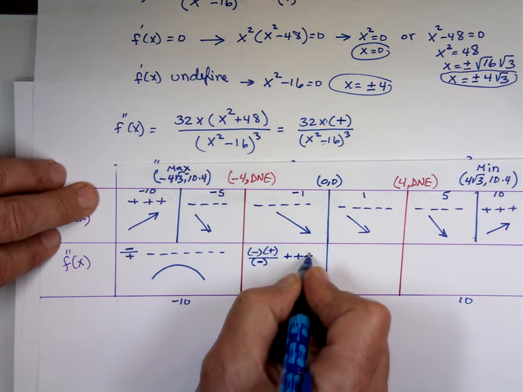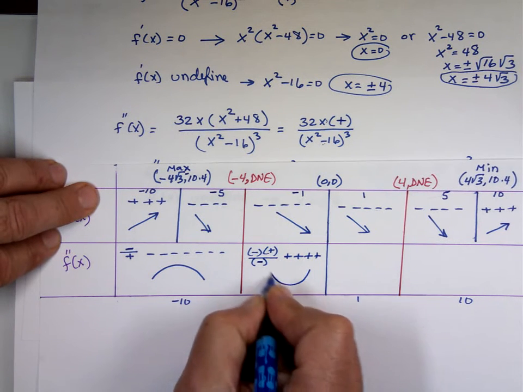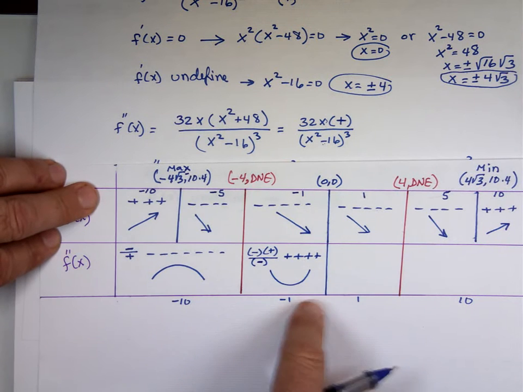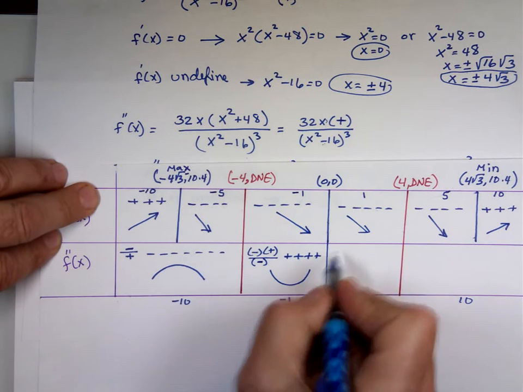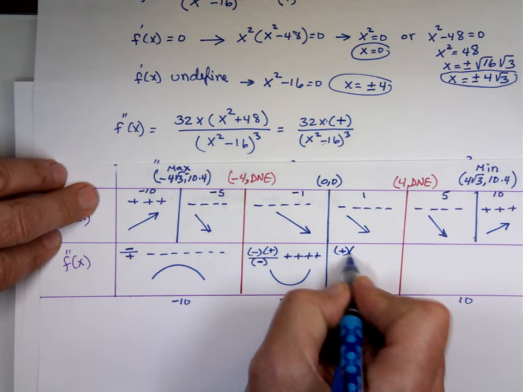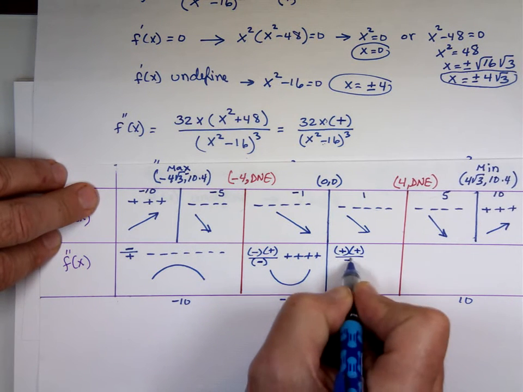It looks like an inflection point. It's not. There's a hole here. Take the 1. Plug it in. That's positive. Positive over negative. That's a negative. Concave downward.